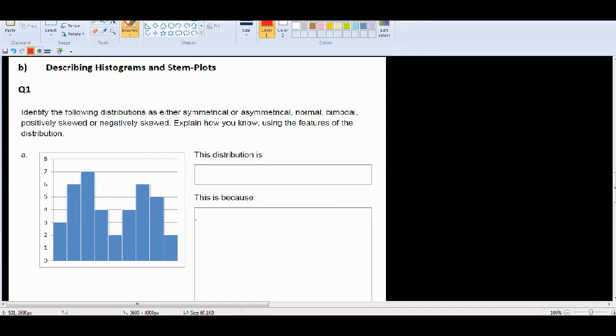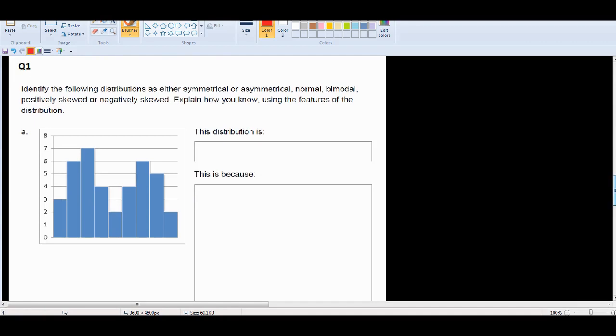Okay, so let's have some examples. The first type of examples is like you are going to describe the histogram and plot by using the technical terms you have learned. So for the first question, what kind of distribution? For distribution, you might observe how many peaks, 1 or 2.